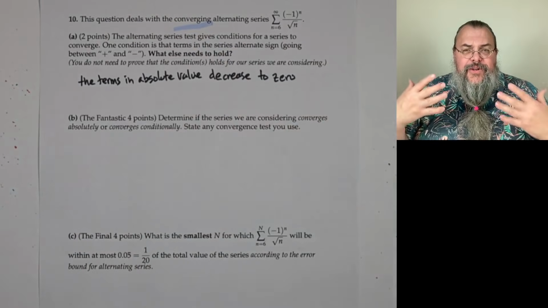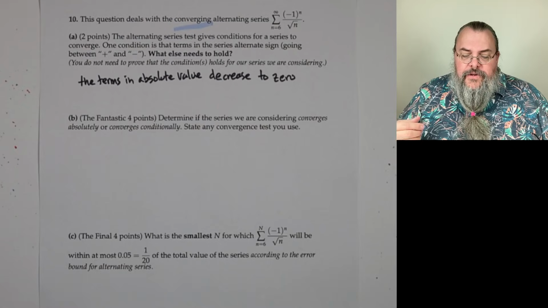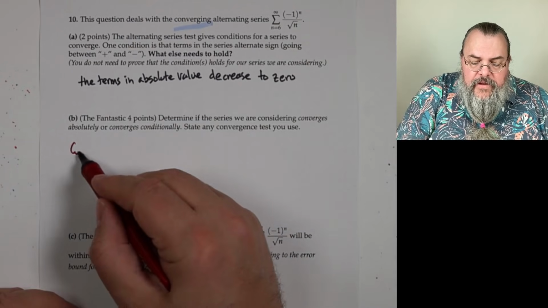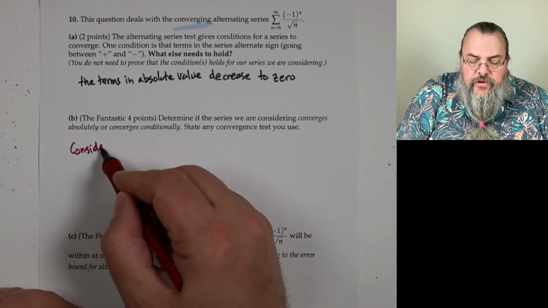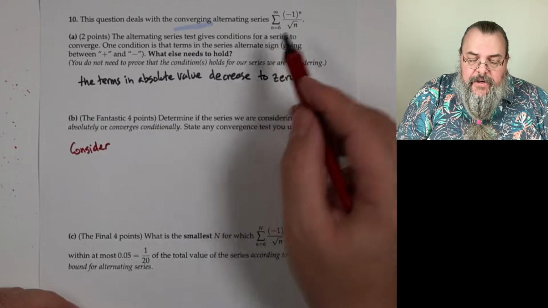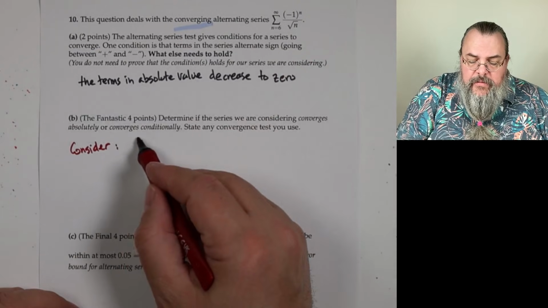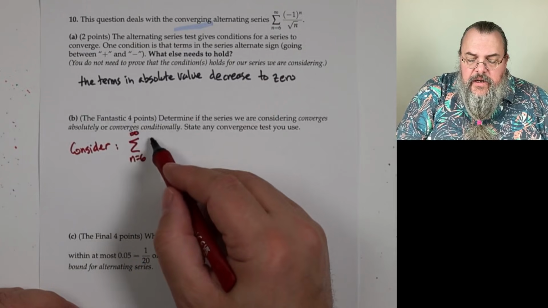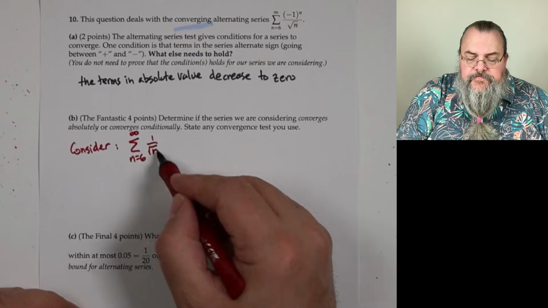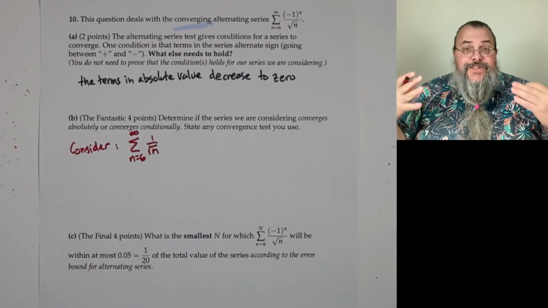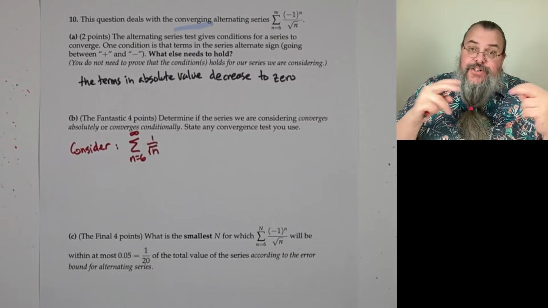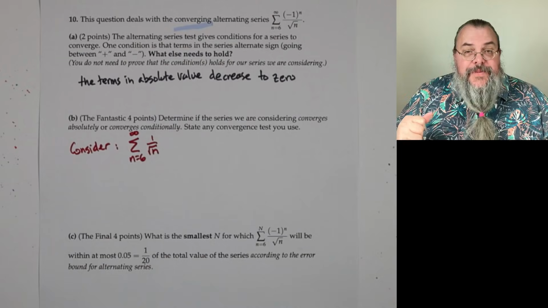So how do you test? Well, consider the following sum. You drop the alternating part. So that's going to be the sum from 6 to infinity of 1 over square root of n. The question is, do you need that plus minus? That's the conditional part of conditional convergence.